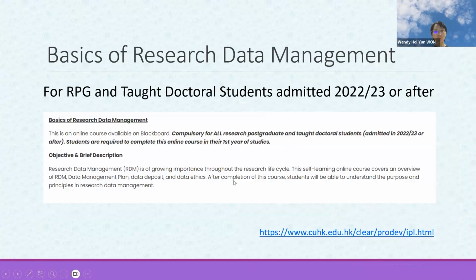And in the university, under the CRDM, we are associated with members, representatives from the graduate school. The graduate school has newly implemented a new requirement for the RPG, research postgraduate students, and postdoctoral students admitted in 2022 and 23 or after.